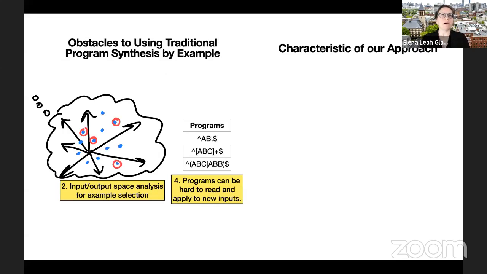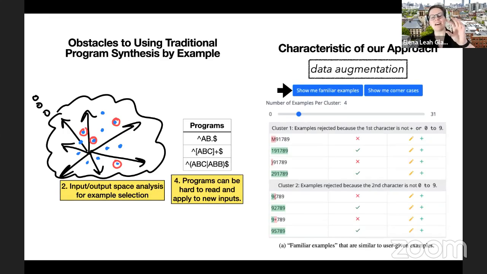Right, so the second, well, actually, so data augmentation, that characteristic maps onto both the input-output space analysis and programs being hard to read and apply to new inputs, right? So two obstacles are addressed by this one characteristic of data augmentation.